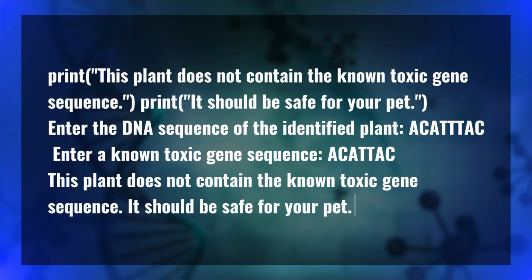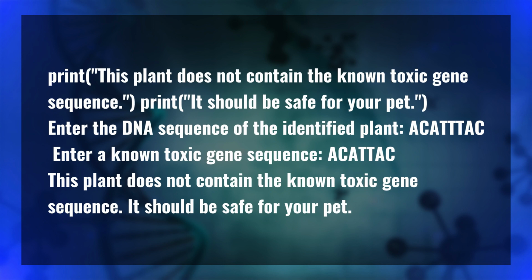So what we have done, first of all, we try to compare your first gene sequence, which was A, B, C, D. Just for the time being, imagine a plant here in front of your eyes, and this plant contains a sequence of gene that is A, B, C, D. I have some sequence in my mind which is A, B, C and S. Anything, A, B, C and S. I'll try to put it into the program, and the program will read if the DNA or its sequence matches with the known toxic sequence.